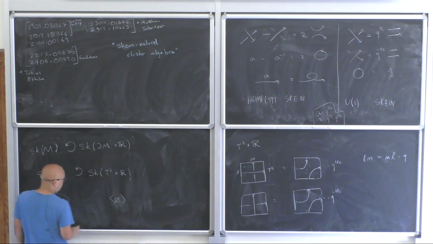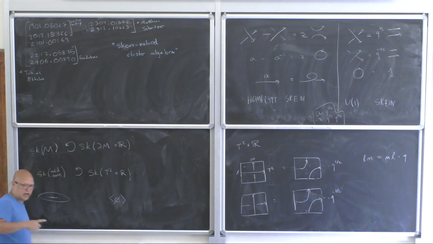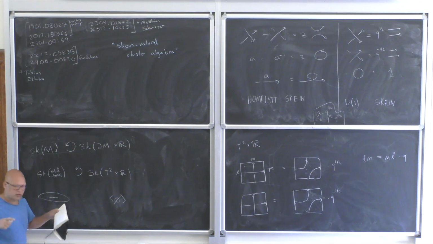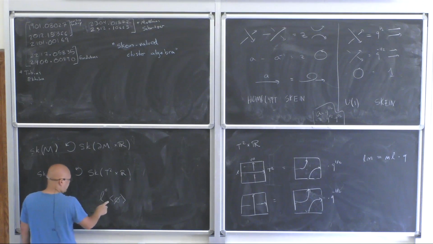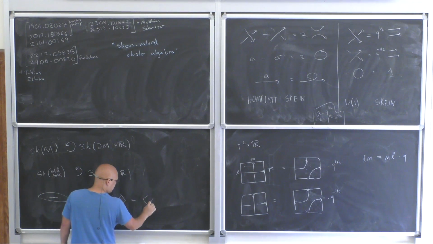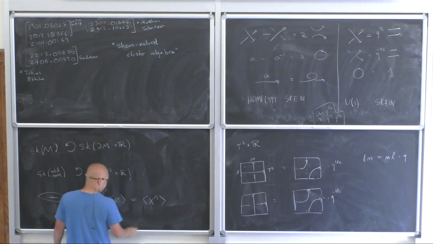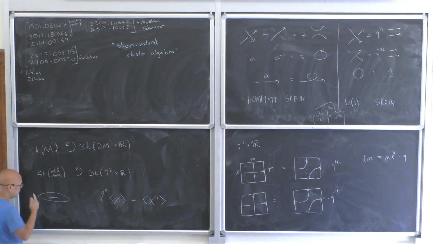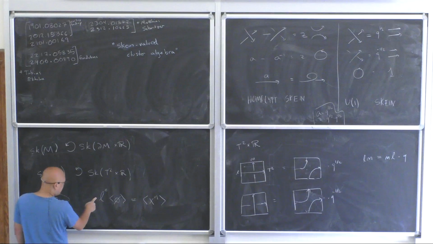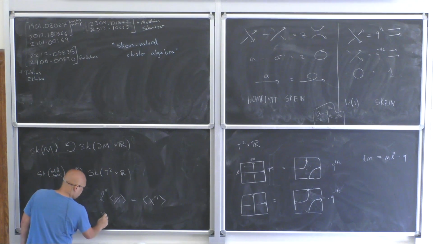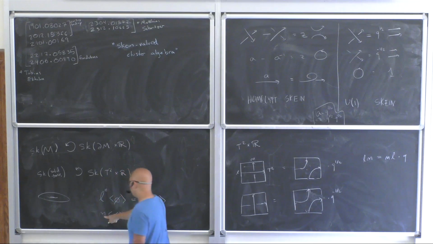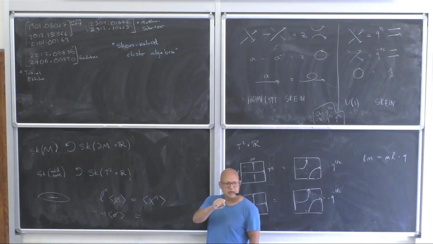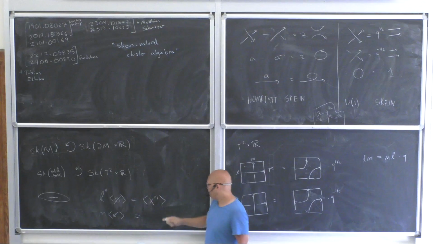If I start adding longitudes, they just start piling up there. I act by this longitude a bunch of times, and I'm going to call the result x to the n. On the other hand, if I act by the meridian on the empty knot, the meridian becomes contractible in the solid torus. I contract it to 1, and I just get back the empty knot.